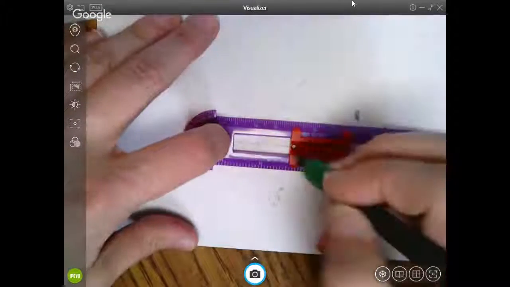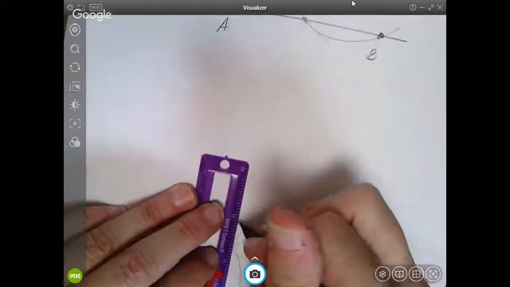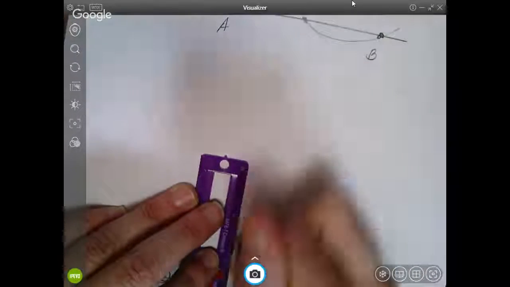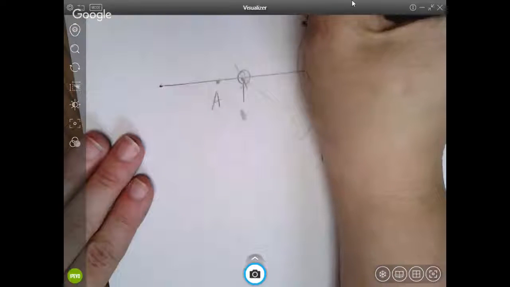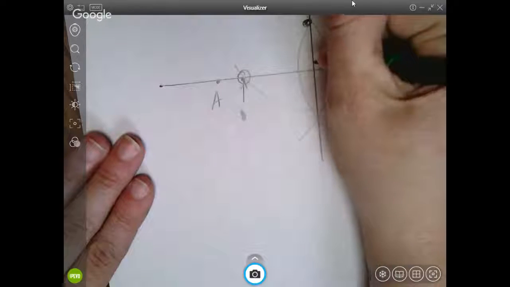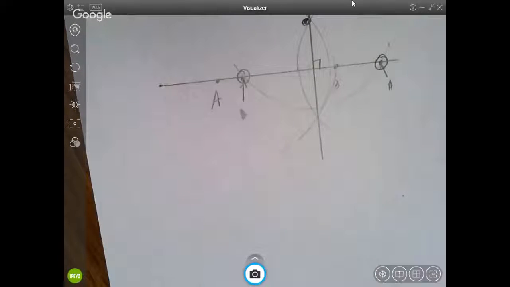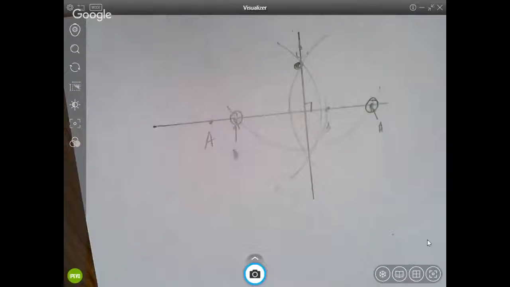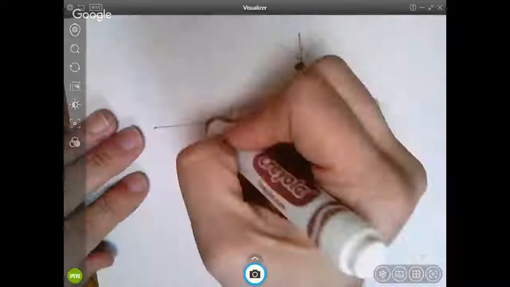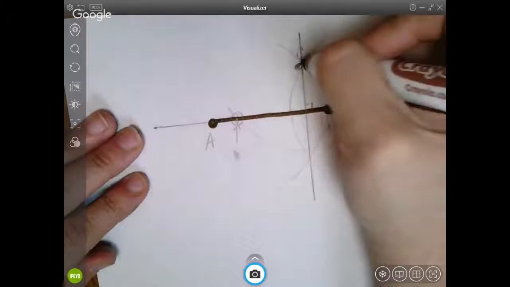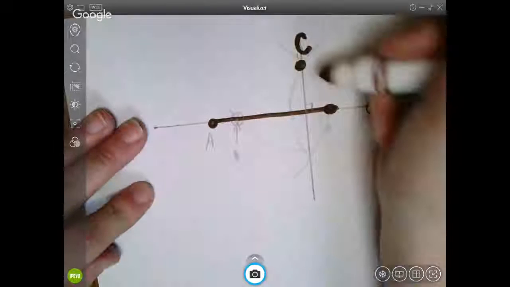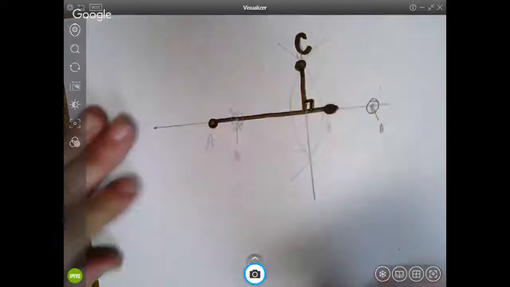All I care about are my money points. Then when you draw your line, mine's a little off because my compass moved. But in theory, I'll make a big C point. Now we have a right angle. So if I were to trace it, here's my original A and B. Here's my original C. And now I have my right angle.